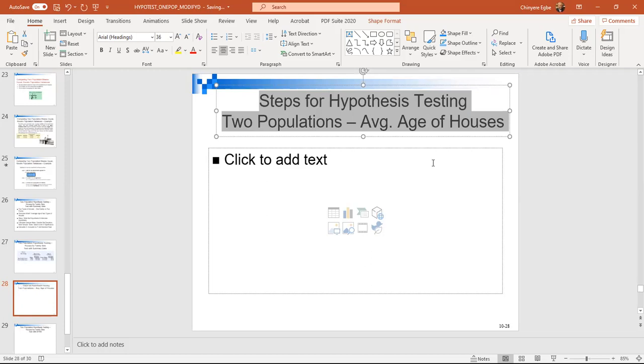So we're comparing two populations, one family house and two family house.